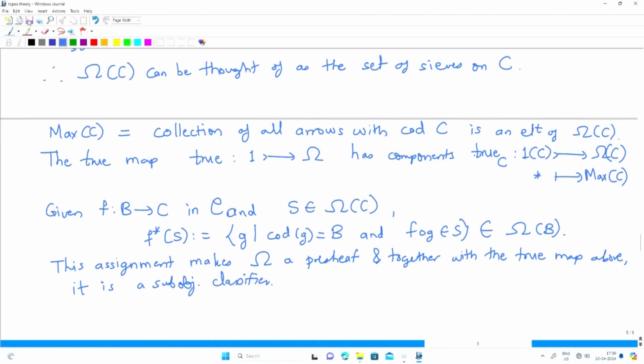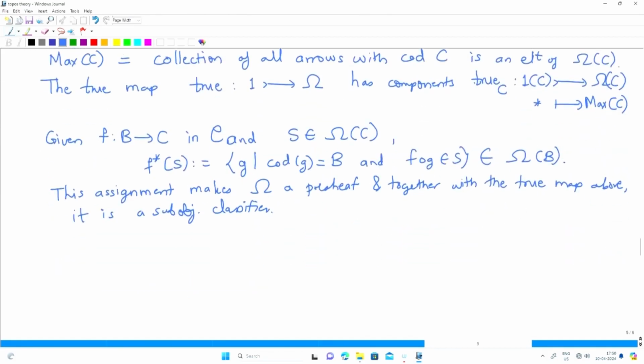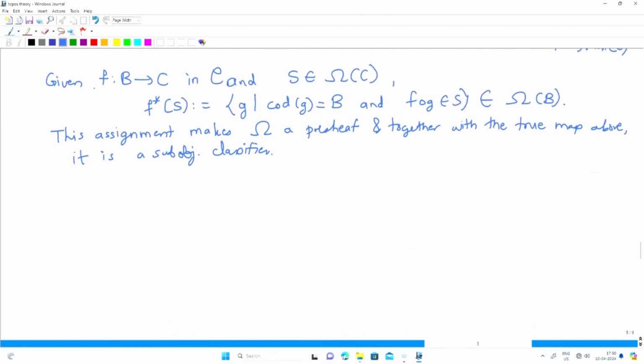Now I have to prove to you why it is a subobject classifier. Given Q as a subobject of P, define phi C from PC to omega C.